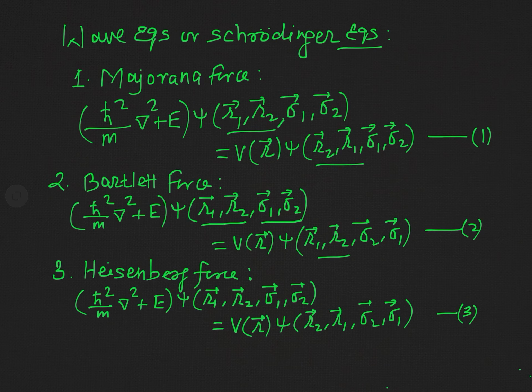And in Heisenberg force, as both the space coordinates and spin coordinates get interchanged, the Schrodinger equation is as shown in equation 3. So these are the facts which we have already studied in the first part of this lecture.